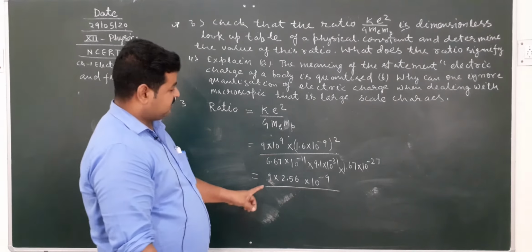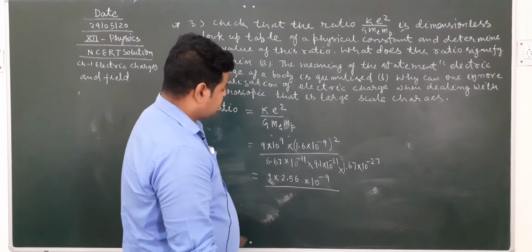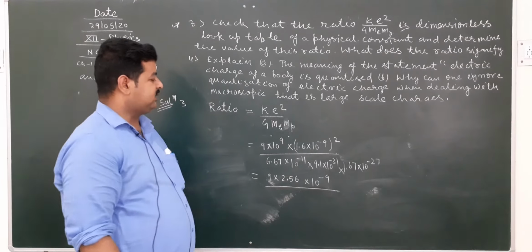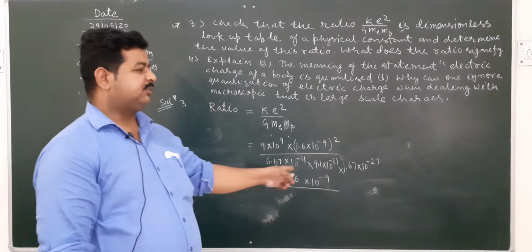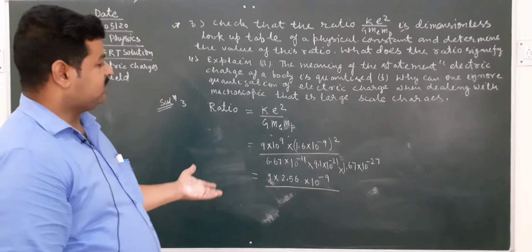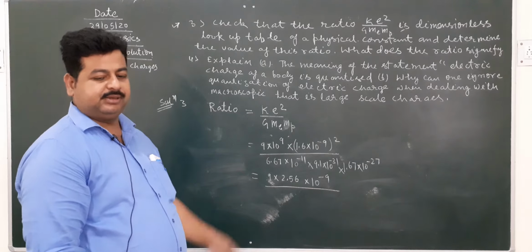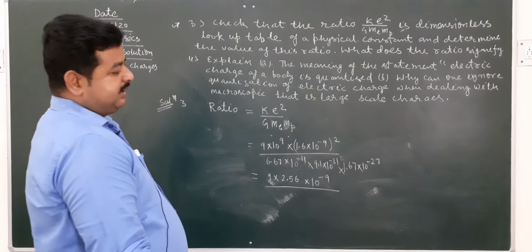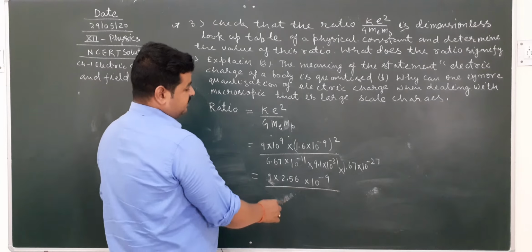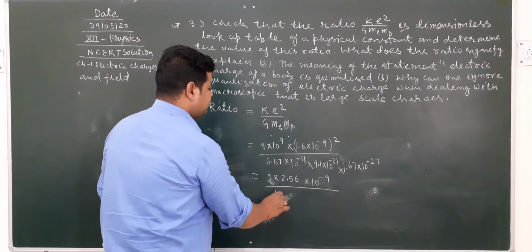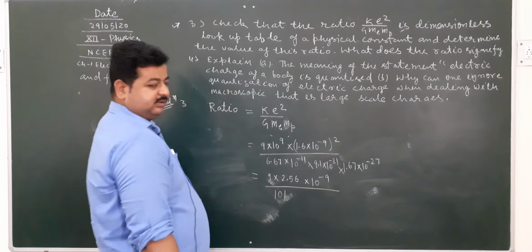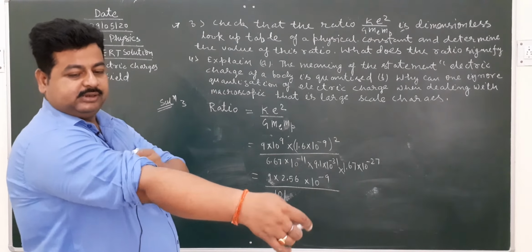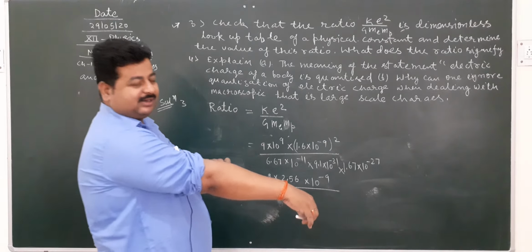After multiplication and division of this term, I have already calculated the value, you also calculate it, and the value is 101.36. Clear?